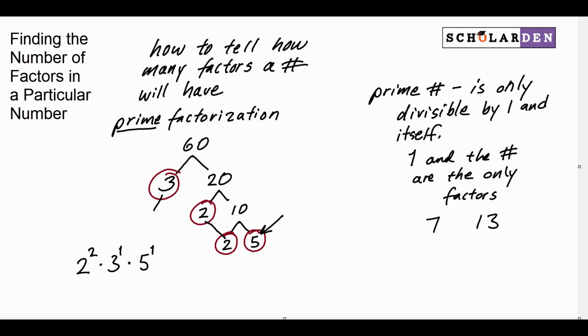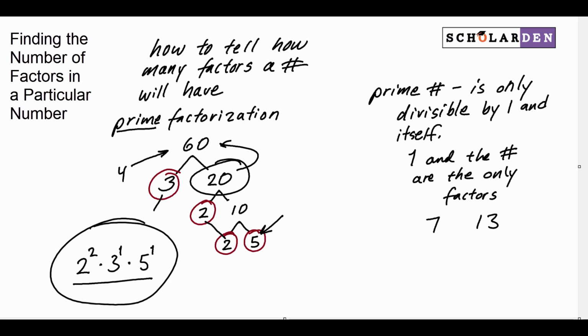And the way you get the number of factors, because remember, prime factorization isn't the same as the number of factors. Because notice 20 is a factor of 60, but it's not here. 4 is another factor of 60, but it's also not showing up there, at least obviously.